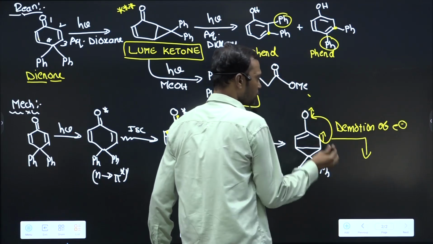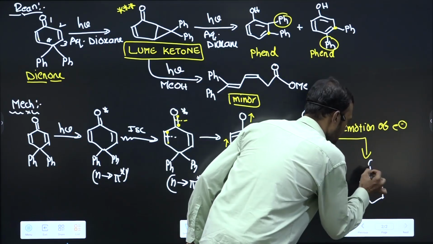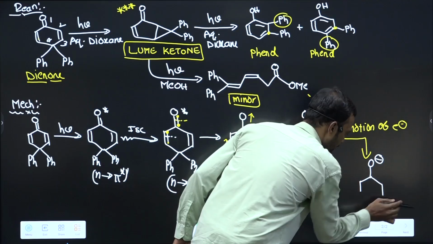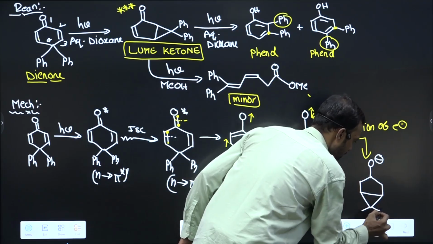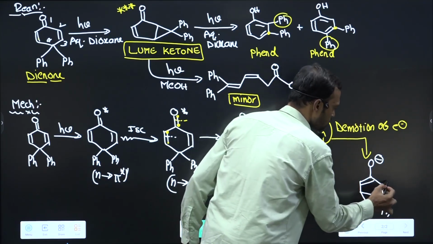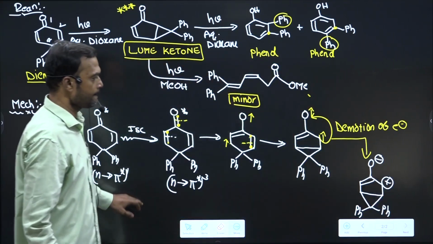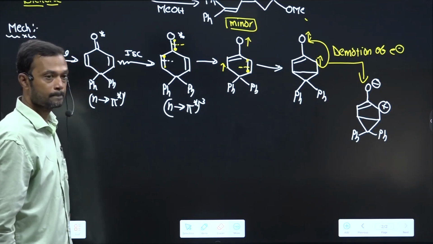This electron migrates from here to here. After migration, this becomes negative, the 3-membered ring as it is. Here double bond, and what is the charge here? Positive. Clear?